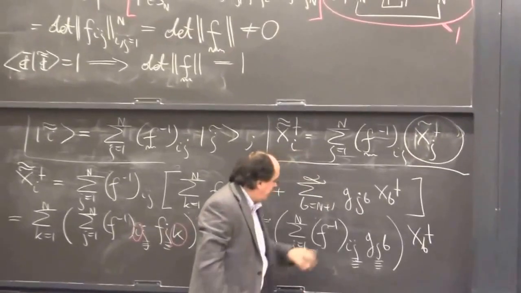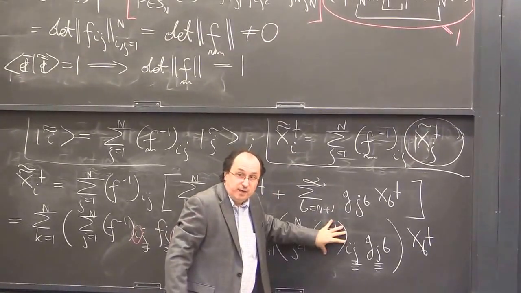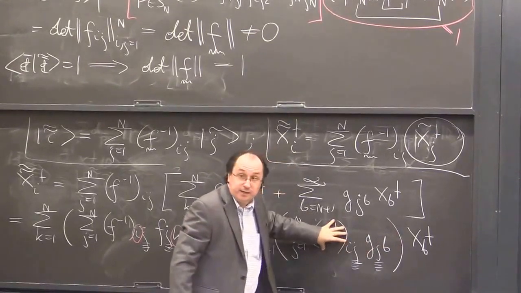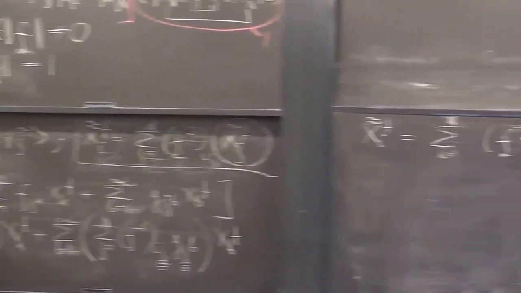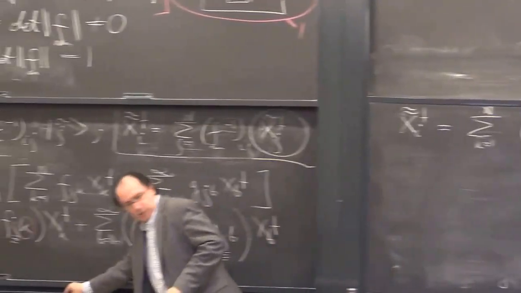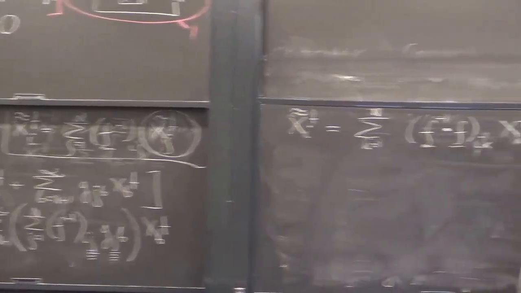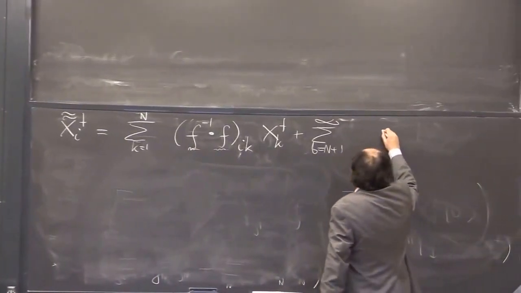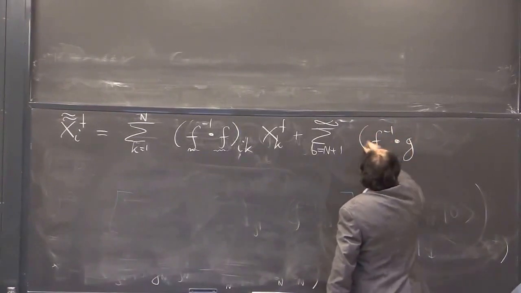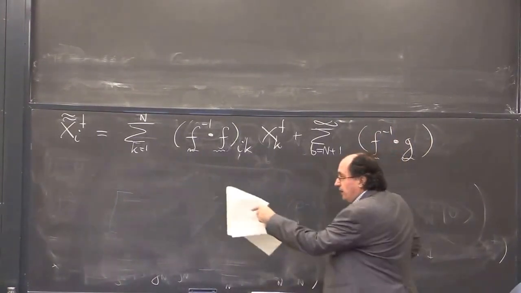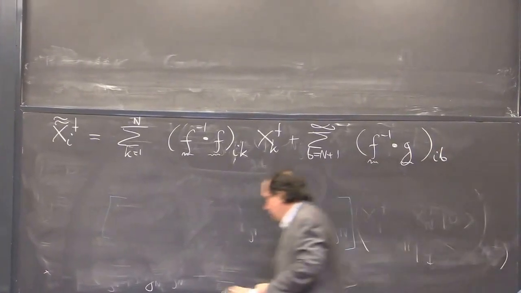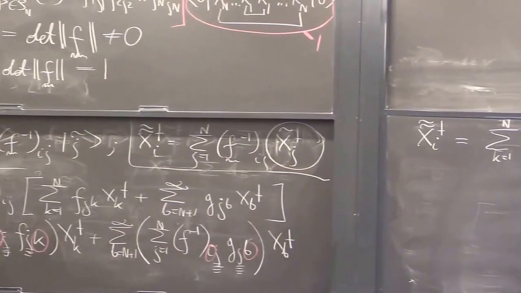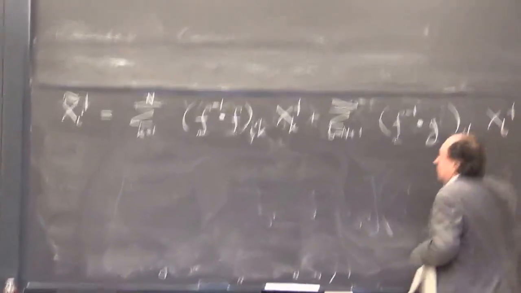We're multiplying matrix f to the minus 1, which is a square matrix, by a rectangular matrix G. So what we have here is f to the minus 1 times G, and the matrix element that we're talking about is IB, and you multiply by XB dagger.